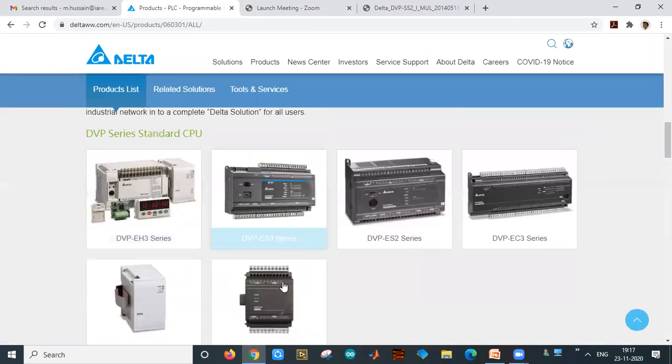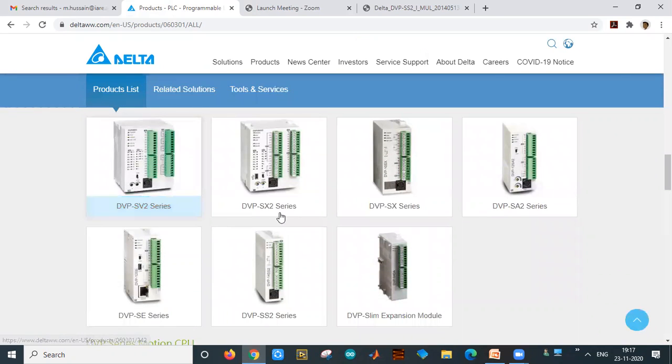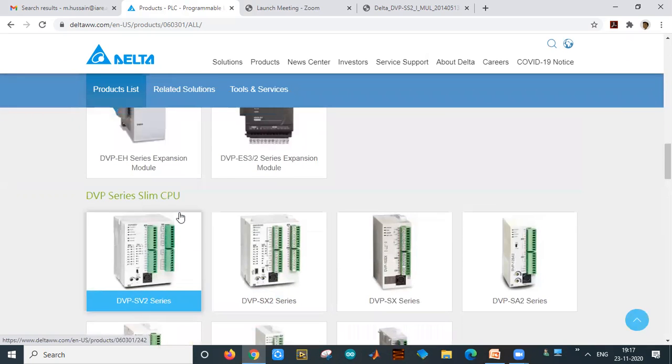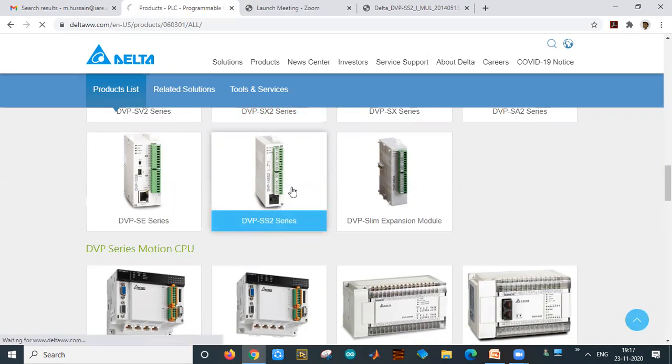So these all are the standard type CPU. On slim type CPU, under which you have SV2, SX2, SX, SA2, slim expansion module, SS2 series. Out of all these I'm going to present you this series, which is DVP SS2 model PLC.